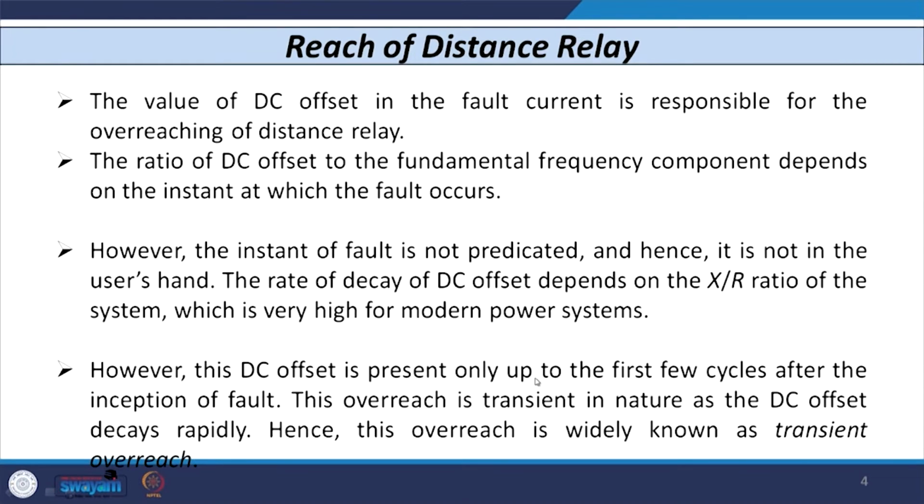However, the DC offset is present only for the first few cycles, 4-5 cycles, and the distance relay operates instantaneously only in its first zone. It operates with time delay in the second and third zones. So, the second and third zones of the distance relay are not affected by this transient overreach or decaying DC component.